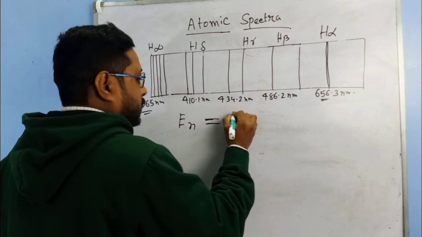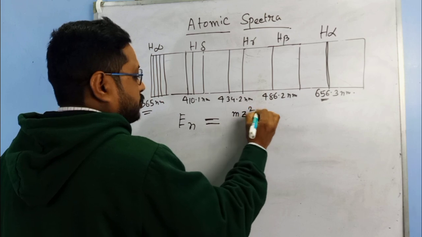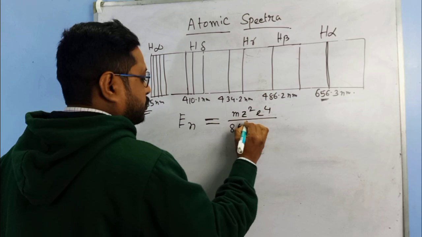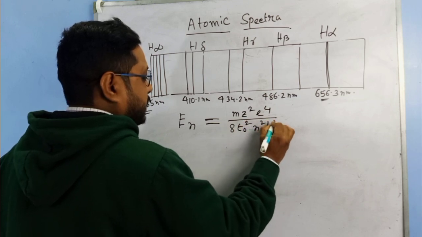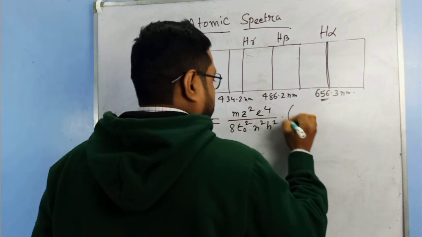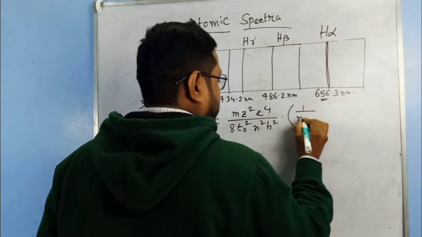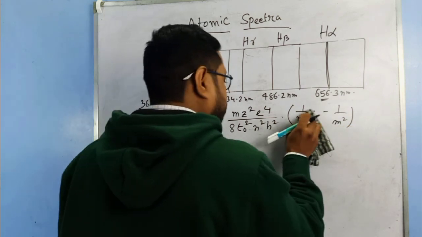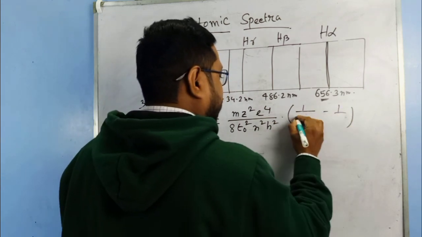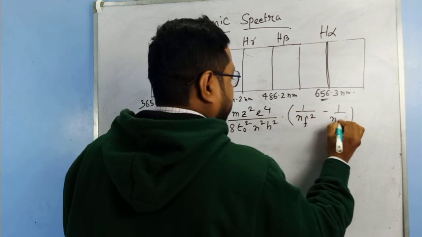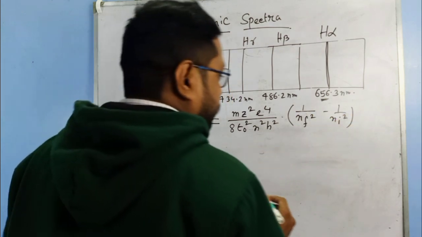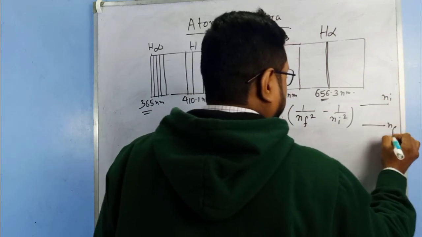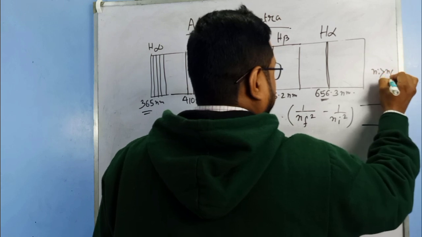That is m z square e to the power 4 upon 8 epsilon square n square h square, 1 by n square minus 1 by m square, or simply you can say 1 by nf square minus 1 by ni square, where the electron jumps from Ni to Nf level. If this is Ni, I for initial, F for final, obviously Ni is greater than Nf.